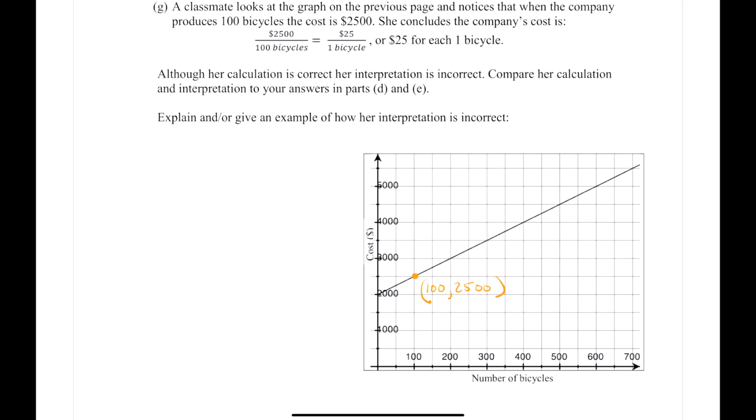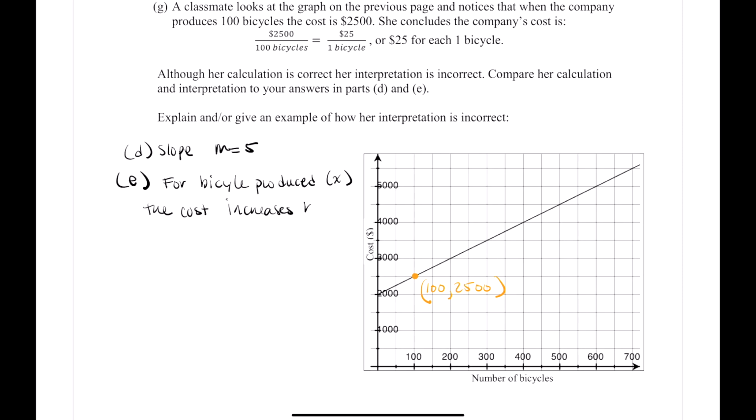Now let's recall what we found in parts D and E to start. So in part D, we found the slope, m equals 5. And in part E, we wrote that for every bicycle produced, the cost increases by $5.